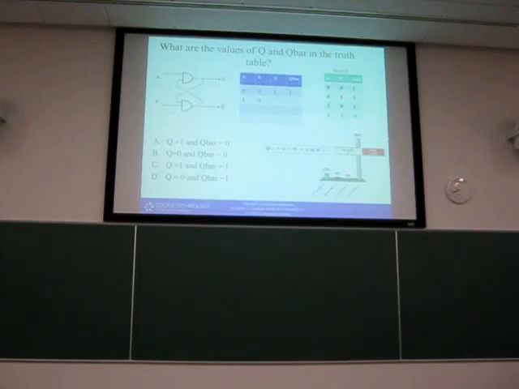So when one of my inputs is 0, then the output has to be 1. In this case, this is 0, so I go with B. B will give me a 1. That 1 will be fed into this one, and a 1 gives me a 0. That's it.